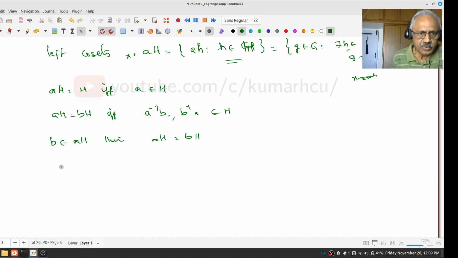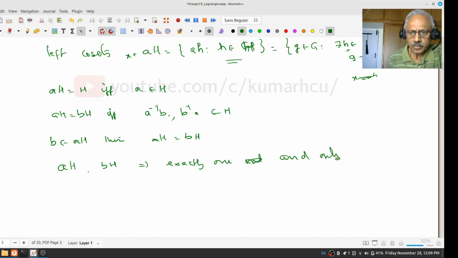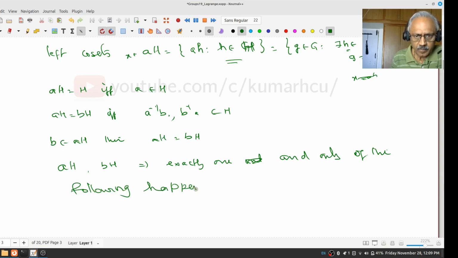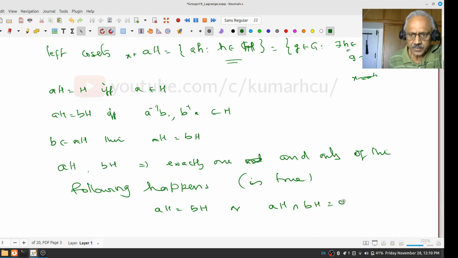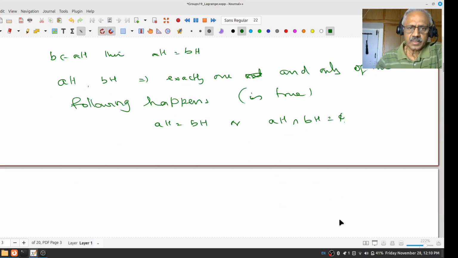And we also said given two cosets AH and BH, exactly one and only one of the following holds: either AH is BH or AH intersection BH is empty. This is very crucial for what we are going to do.